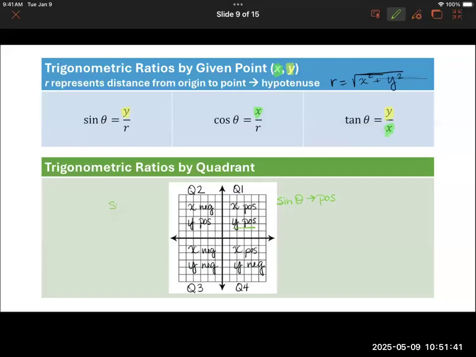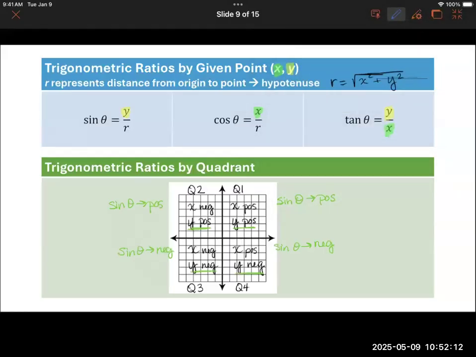The sine of an angle with a terminal side in quadrant 2 is also going to be positive because our Y is positive. The sine of an angle in quadrant 3 will be negative because now Y is negative. And the sine of an angle in quadrant 4 will be negative because, again, Y is negative.